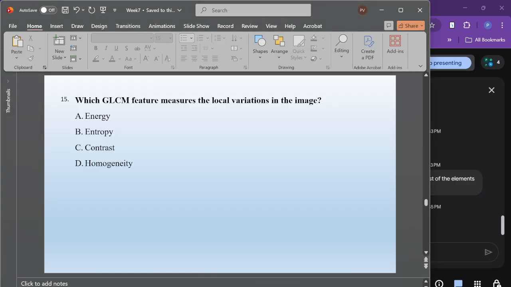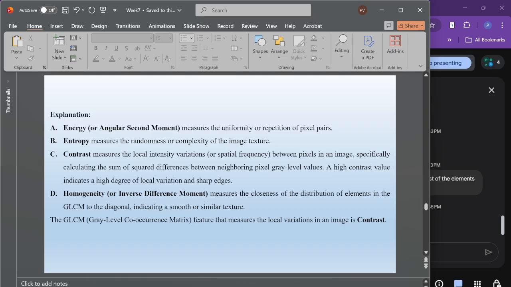So here we will check by the options. Energy, or angular second moment, measures the uniformity or repetition of pixel pairs. Option B is entropy, which measures the randomness or complexity of the image texture. Option C, contrast, measures local intensity variations or spatial frequency between pixels in an image, specifically calculating the sum of the squared differences between neighboring pixel gray level values.